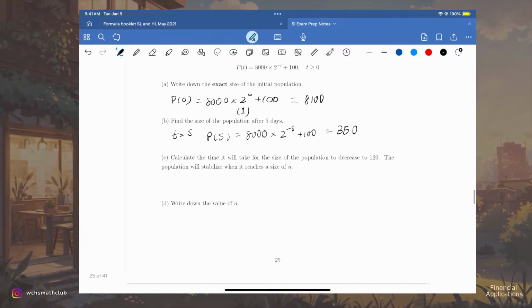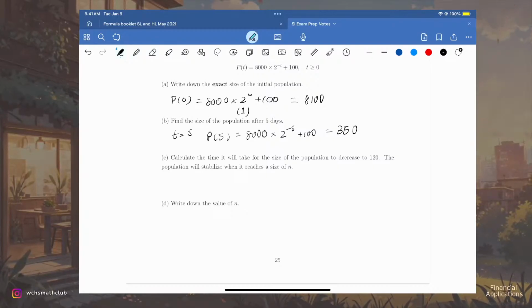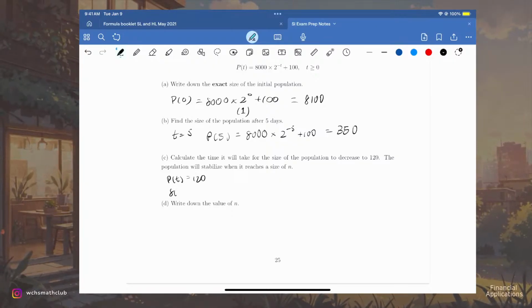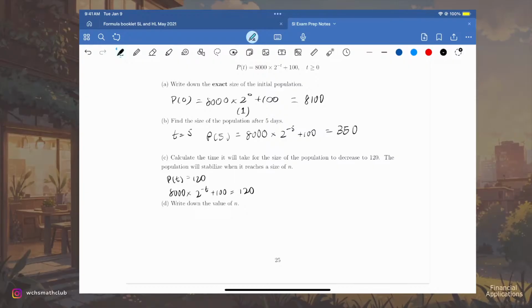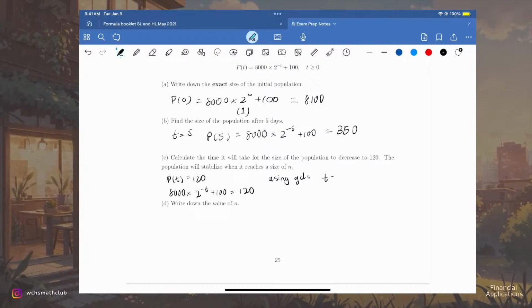And then for C, to calculate the time it takes for the size of the population to decrease to 120, all you have to do is set P(t) equal to 120 and then solve for t, so that 8,000 times 2^(-t) plus 100 is equal to 120. If you just use your graphing calculator, you can get that t is roughly 8.64 days.